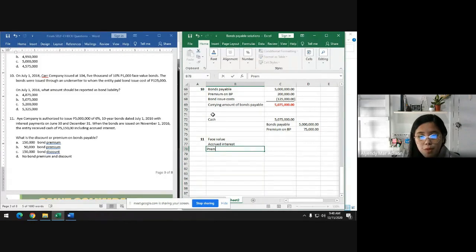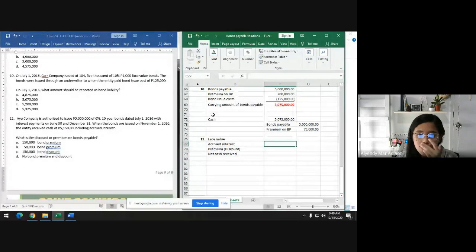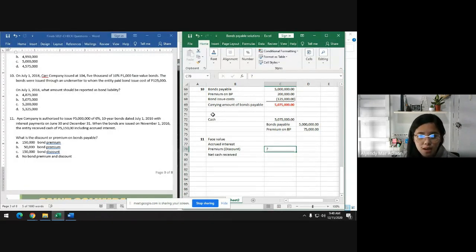So, add premium or minus discount, and then we can get the net cash received. Since in this problem the face value is given, we compute the accrued interest, and the net cash received is given, what is not given is the premium or discount. So, we are going to work it back.